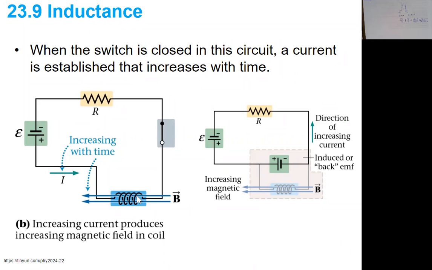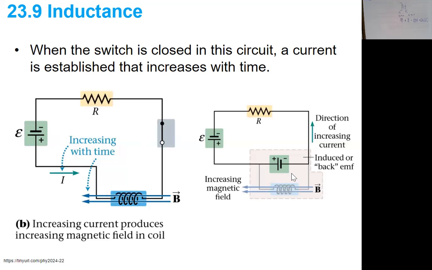If a magnetic field is generated, there's magnetic flux, and this tends to oppose the cause of that change. So there will be an induced electric voltage inside the coil, opposing the cause of it, which is the battery.